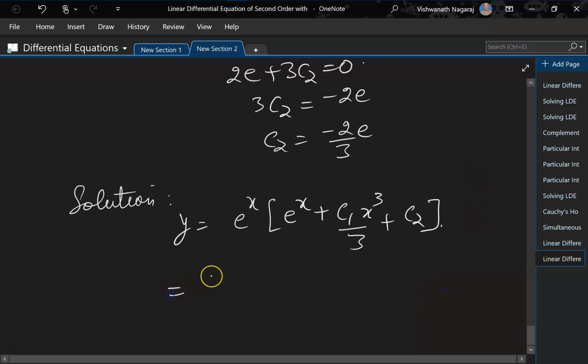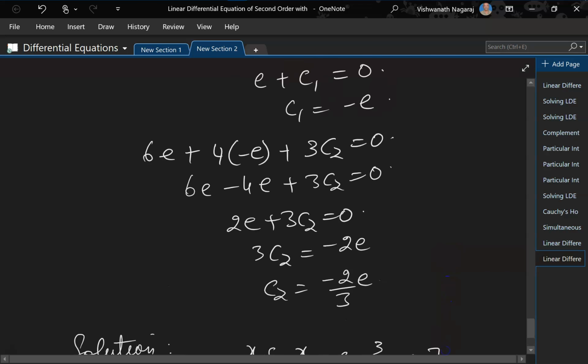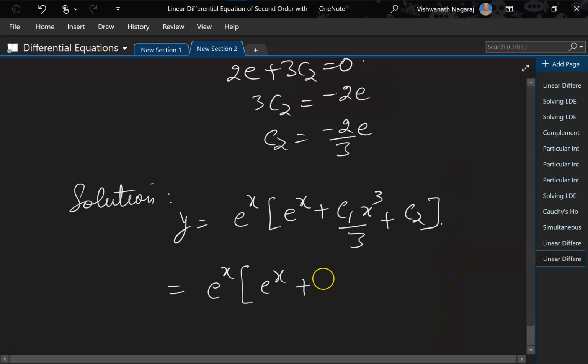So we just substitute the relevant values: e to the power of x times (e to the power of x, plus c1 is minus e, so minus x cube e by 3, minus c2, which is 2e by 3). So this is the solution.